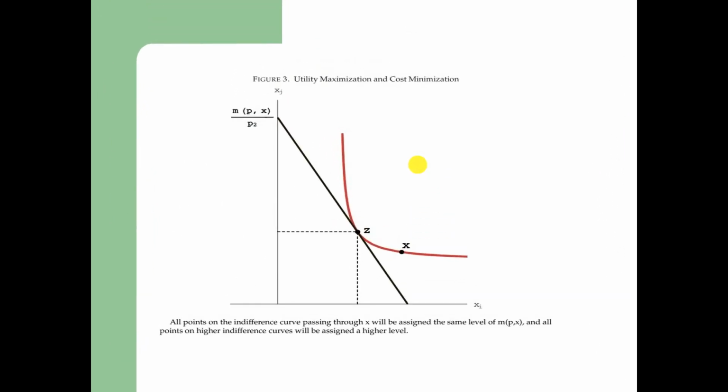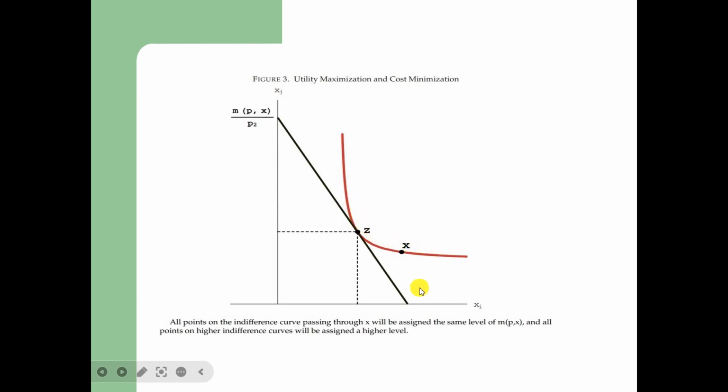Figure 3 shows both utility maximization and cost minimization. If we have a fixed income given by this budget line, and we measure good xi along the horizontal axis and good xj along the vertical axis, then m as a function of price and quantity of x divided by P2 is the vertical intercept, and this is the horizontal intercept, and this is the given utility.